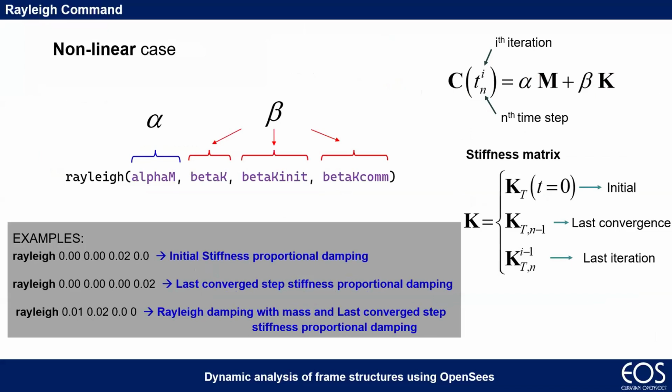Yeah, especially last committed, right? Beta K. Maybe it can be really unstable since you can have negative stiffness.